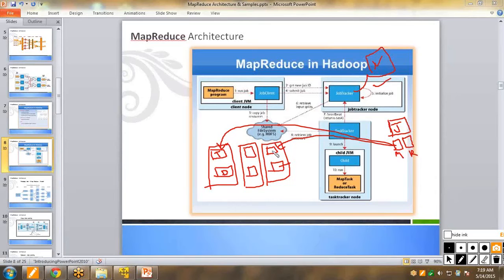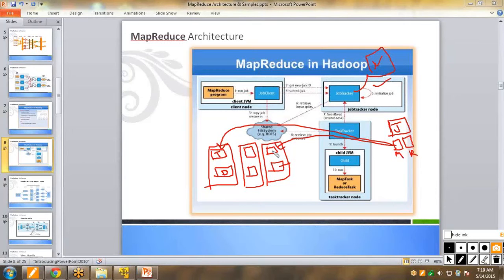Let us take the same thing: deer, bear, river, and deer, car, and bear, car. This is my file basically. My objective is to get the count of each word. That is the objective, let us say.